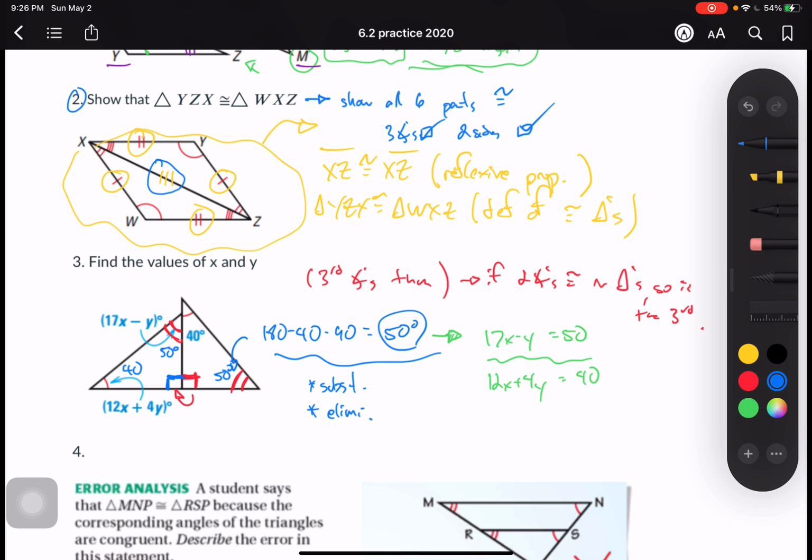It's very, very linear algebra-ish. I prefer substitution myself. So let's take this first one. Since we already have a single variable y, let's rearrange it for y. So just bring that 17x to the other side, and then divide that by -1.